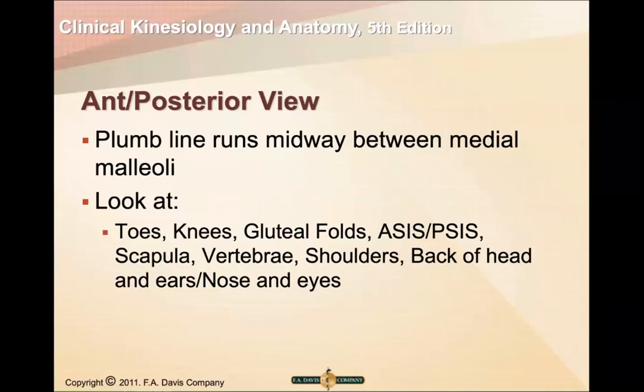But the reason you don't want to look at everything at one time is because you will get confused. One view at a time. So you would go lateral, and then anterior, and then posterior, or any order, as long as you do them separately.